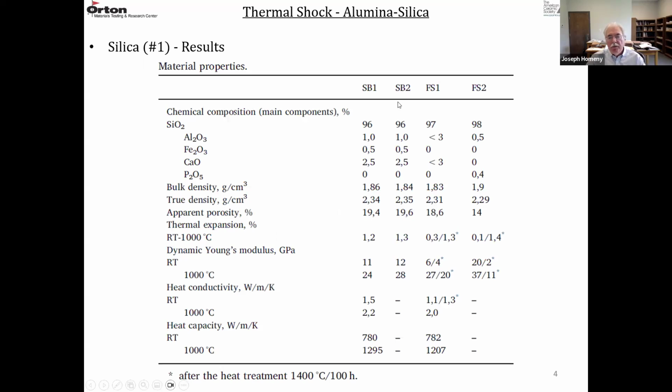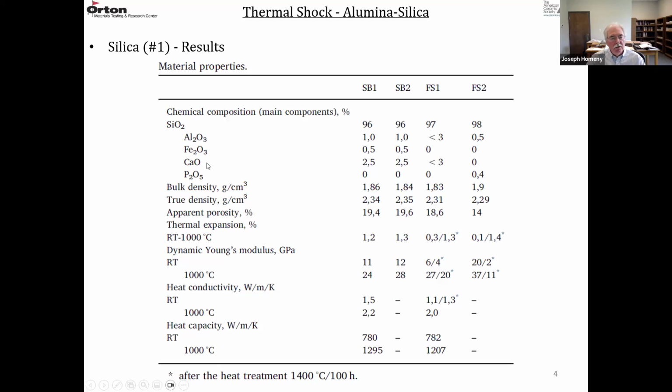So these are the properties of these silica bricks. SB1 and SB2 are the crystalline materials. FS1 and FS2 are the fused silica materials. So the crystalline materials were about 96% silica. And then the mineralizer CaO was about 2.5%. And this one, FS1, is about 97% SiO2.